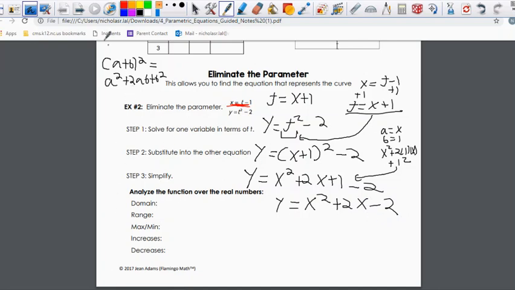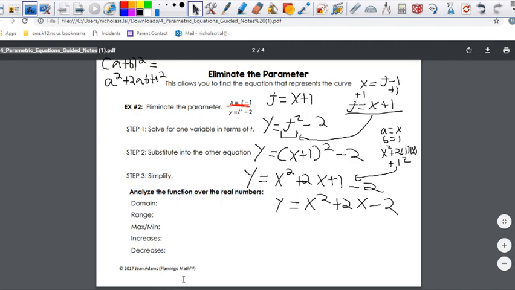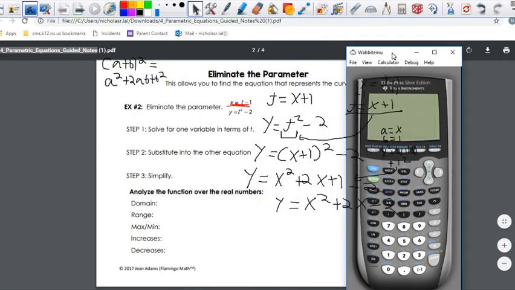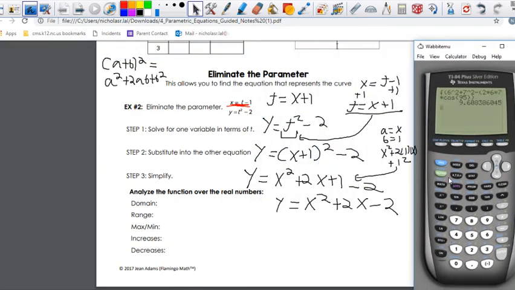And let's bring out our trusty calculator and graph this equation to find out some information about it. y is going to be equal to x squared plus 2x. Oh, I'm sorry.